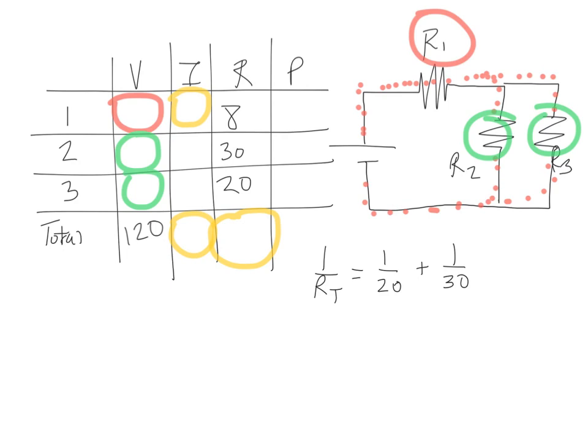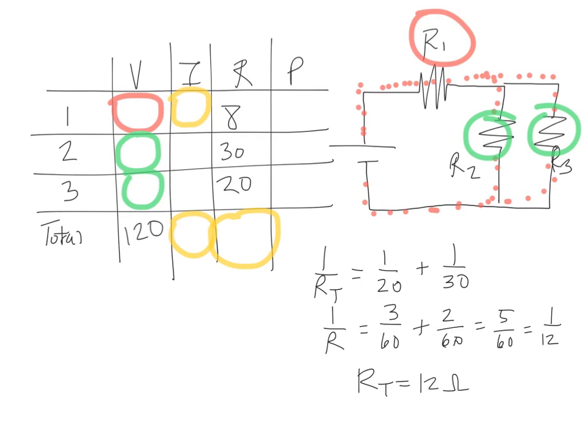R1 is not in parallel with them, so I cannot add it like that. So the common denominator there is 60, so 3 over 60 plus 2 over 60 equals 1 over RT. Add them up and you get 5 over 60, which is the same as 1 over 12. You flip that over and you get RT equals 12.